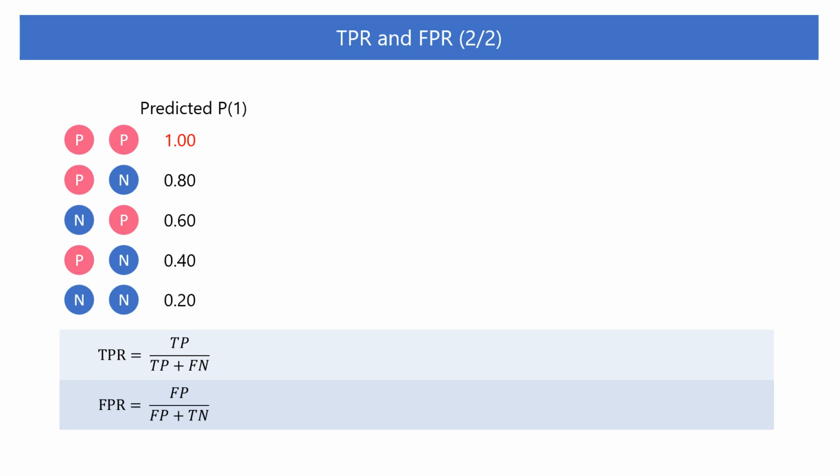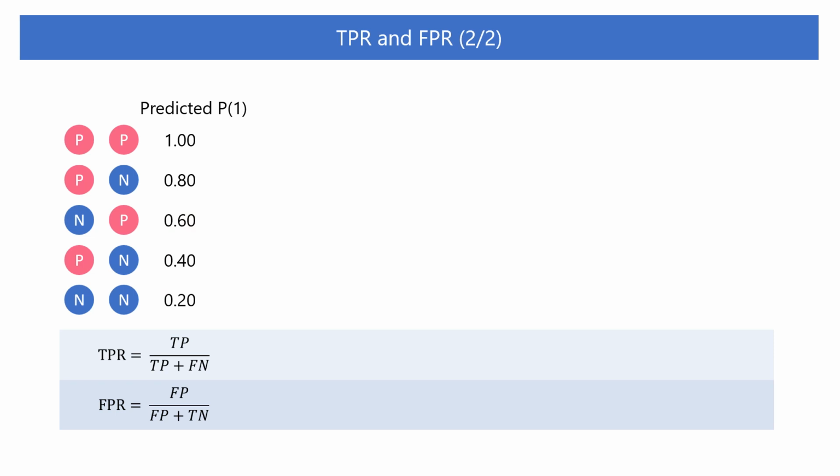The top two data points are those for which the model calculated the 100% probability of being positive. These are actually both positive. Below that are two data points, one positive and the other negative, which are calculated to have an 80% probability of being positive. Similarly, there are sets of two data points, each calculated to have a 60%, 40%, and 20% probability of being positive.